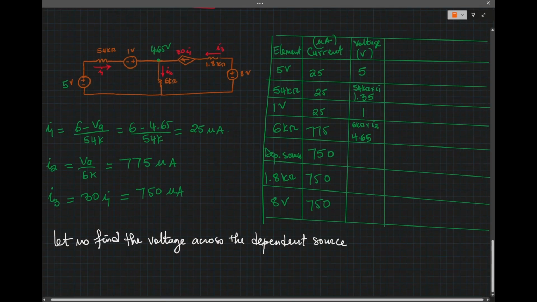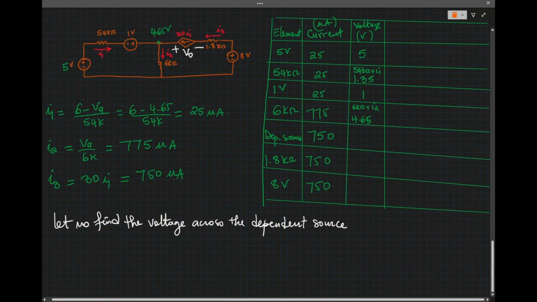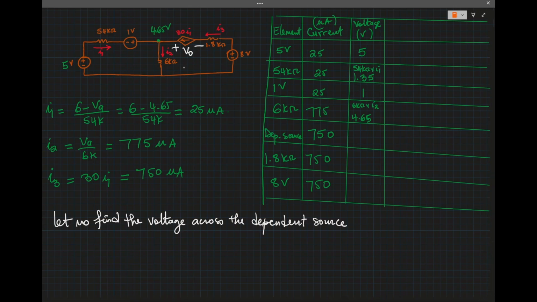So I'm going to label the voltage plus or minus, let's call this V0. To find our voltage, I am going to write KVL around this loop.